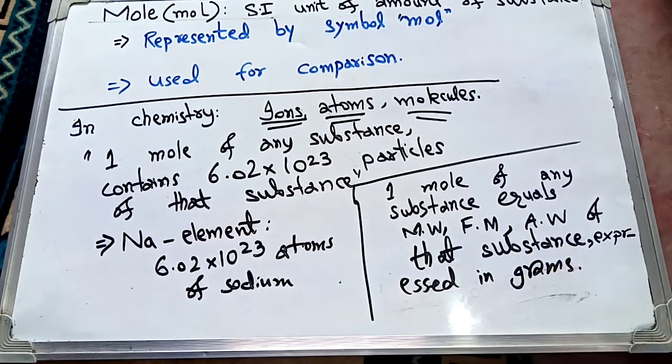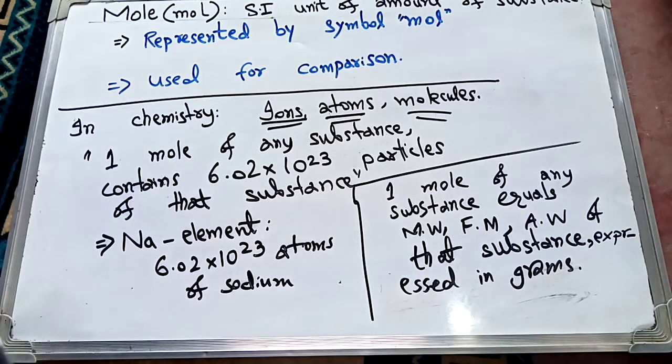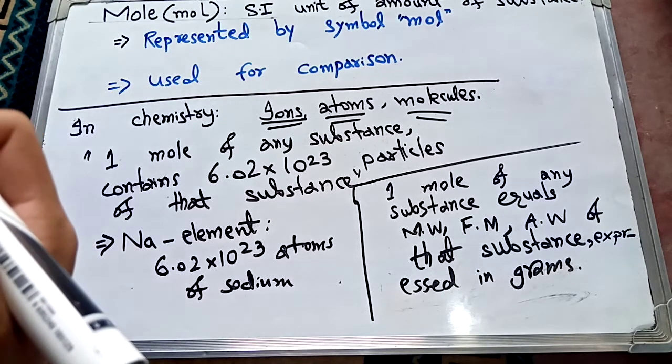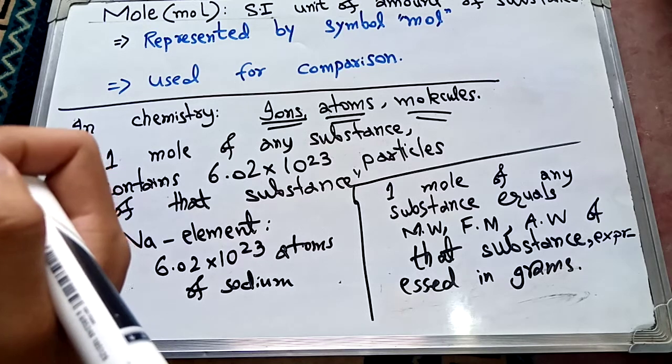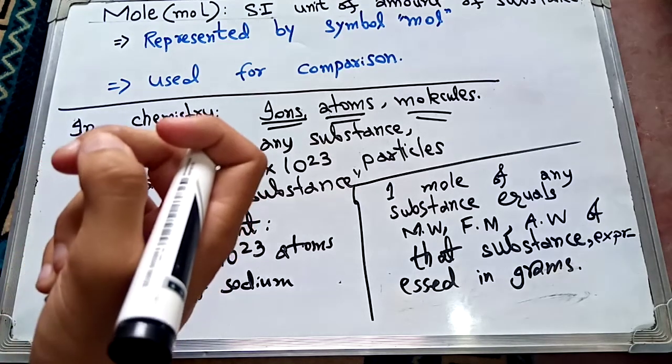And here we see that I express the formula weight of NaCl in grams. So that amount of NaCl which is equal to formula weight of NaCl expressed in grams, contained 6.02 multiplied by 10 raised to power 23 formula units of NaCl.